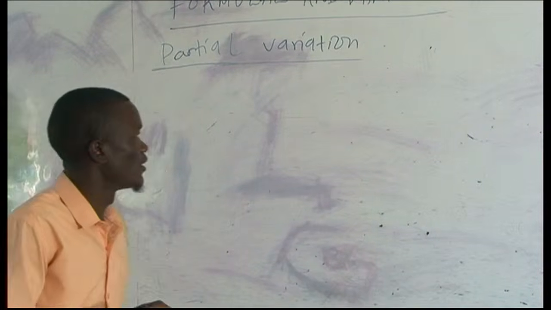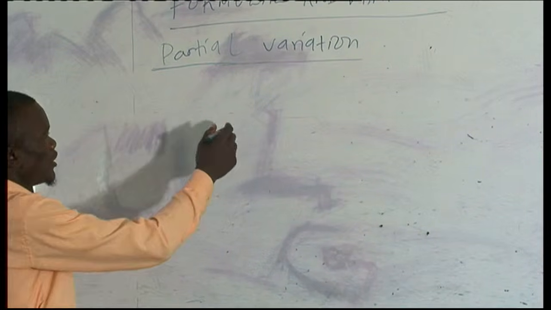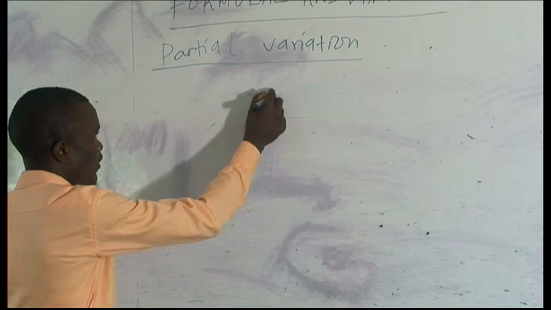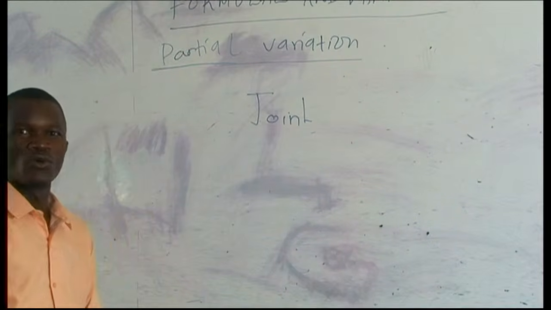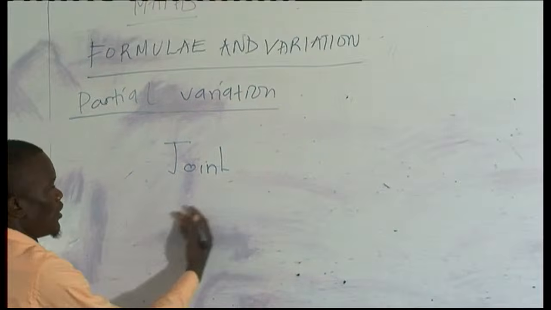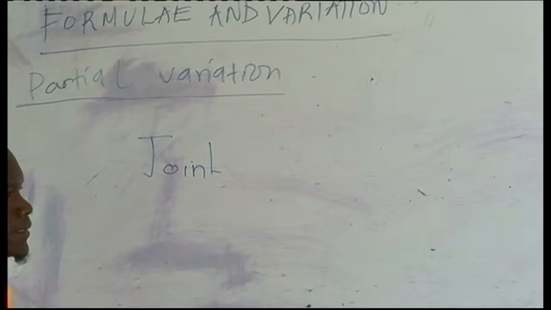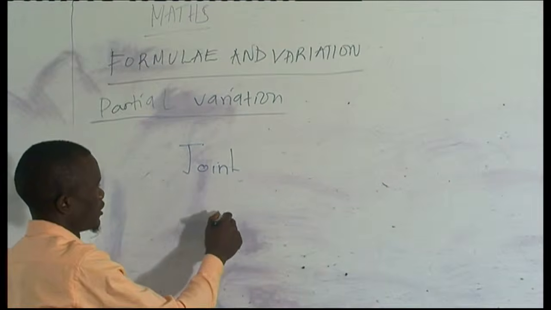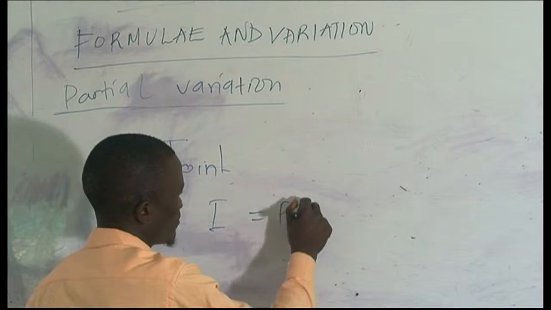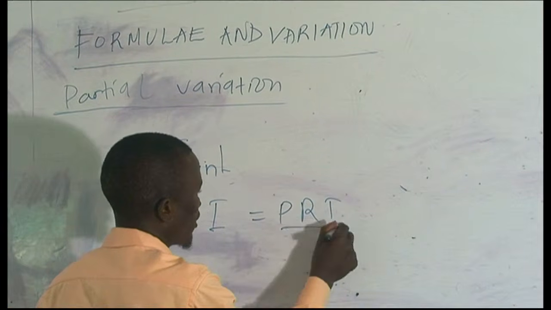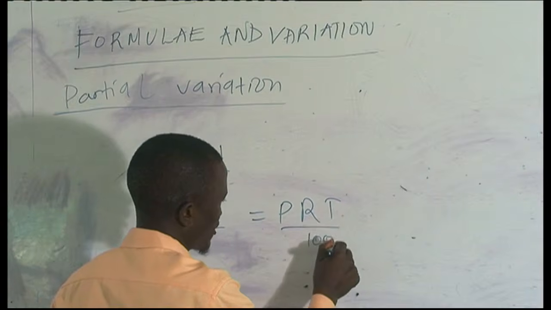For example, in the previous lesson, we learned about joint variation, where we said it joins more than two variables. For example, in commercial arithmetic, we said that interest was given by principal times rate times time, over 100%.